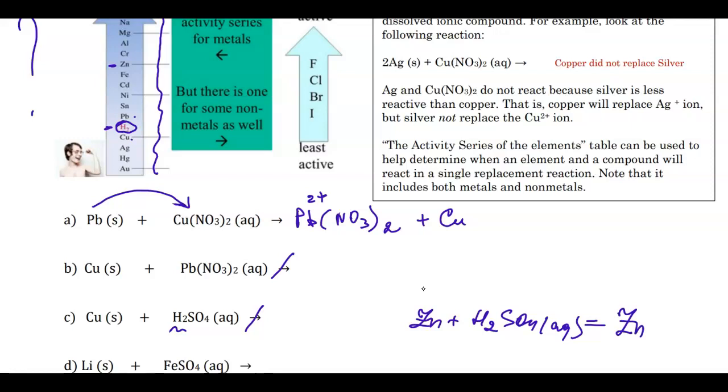Zinc replaces hydrogen, SO4. For zinc, in a solubility chart, you can find its charge is positive and SO4 negative, so we don't need to add any subscript here, right? And H2. Okay, and it's already balanced.